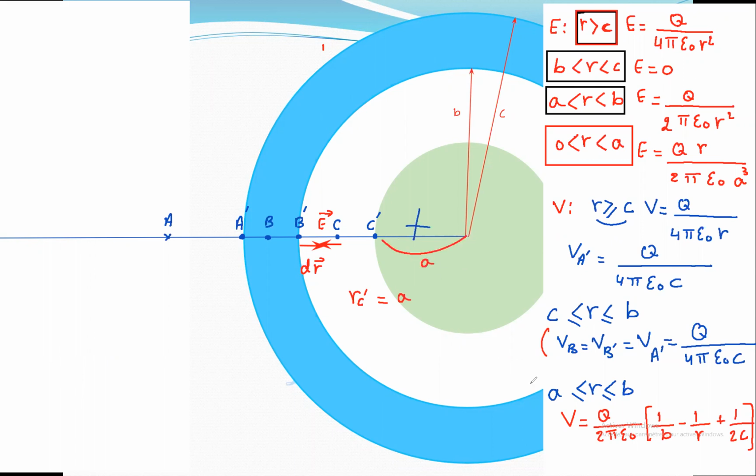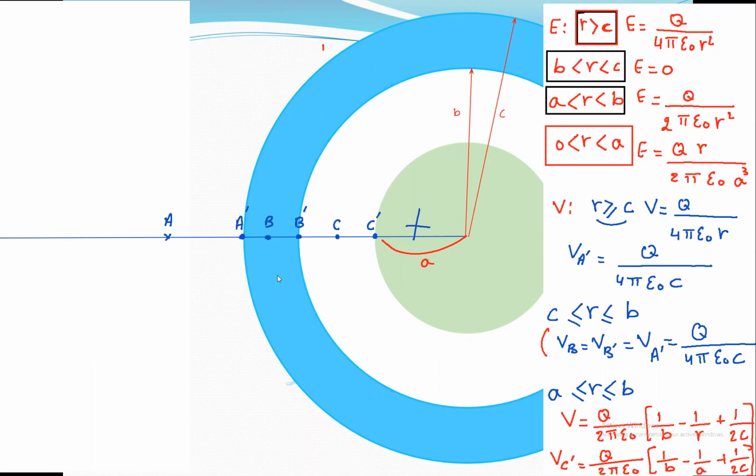We can put here A in the place of R. So VC prime equals Q divided by 2 pi epsilon 0, times 1 over B minus 1 over A plus 1 over 2C. Okay. This is about the points C and C prime and B prime.